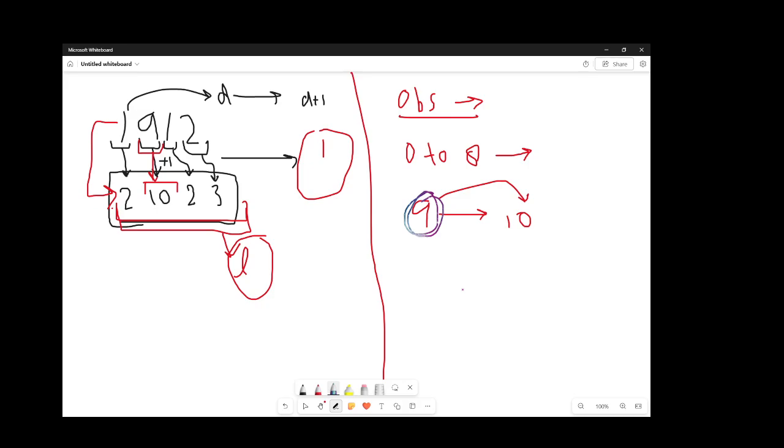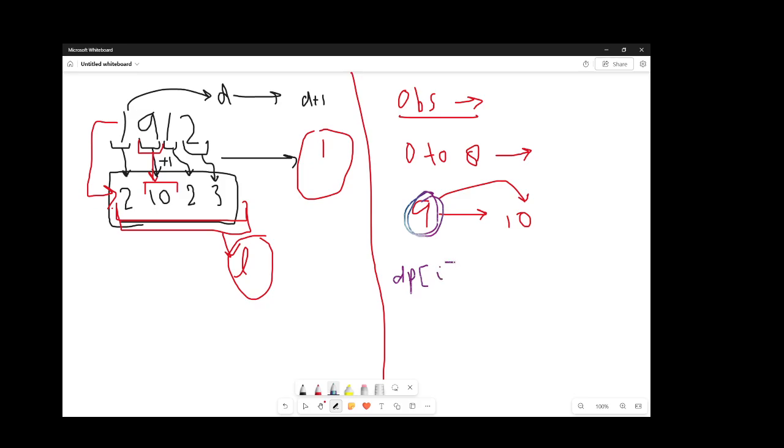So in the solution itself, we would be playing around with 9. Now what we are going to do is write something as dp of i.